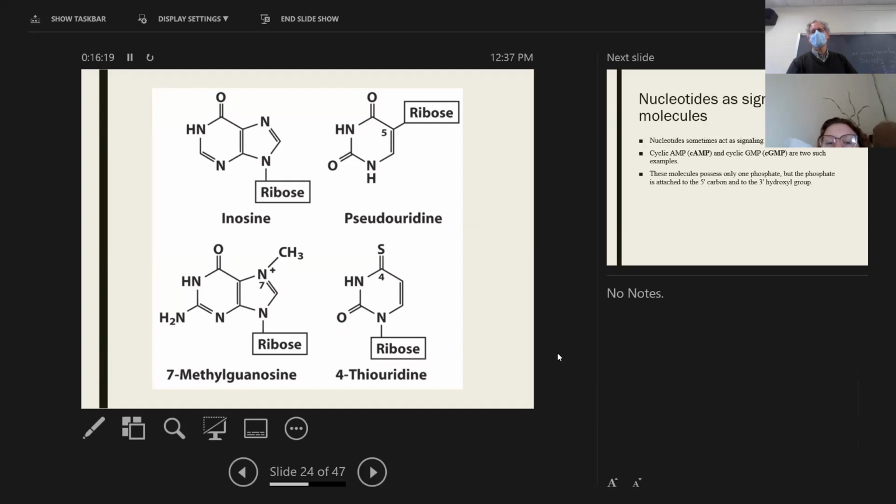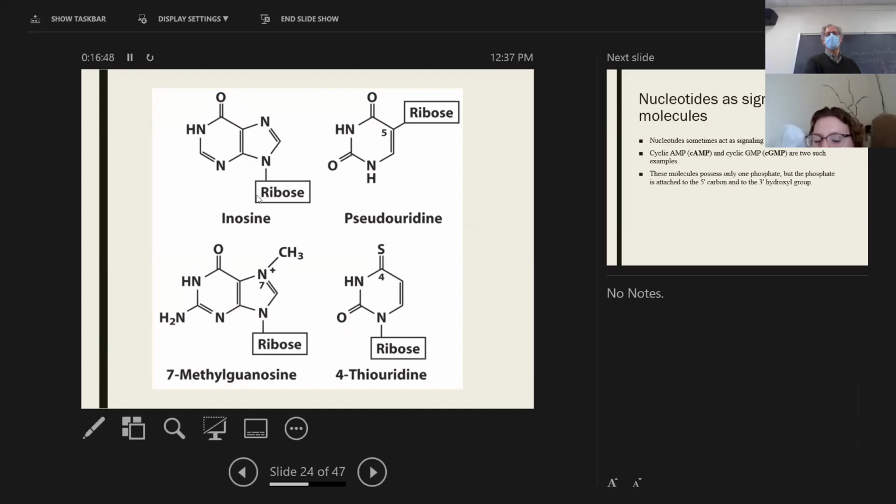So here are some of the modifications you see in tRNAs. These tend to be specific to tRNAs. So adenine is deaminated and is converted to inosine. Inosine is very useful in tRNAs because, as you can see, its opportunities for hydrogen bonding are quite vast.